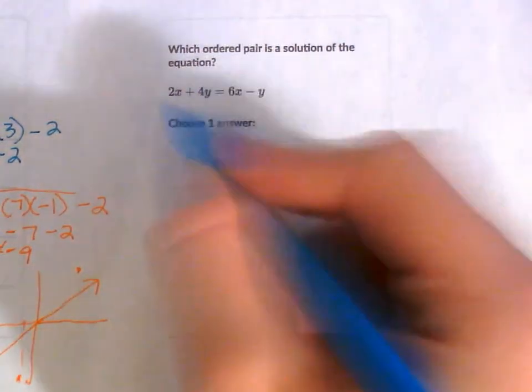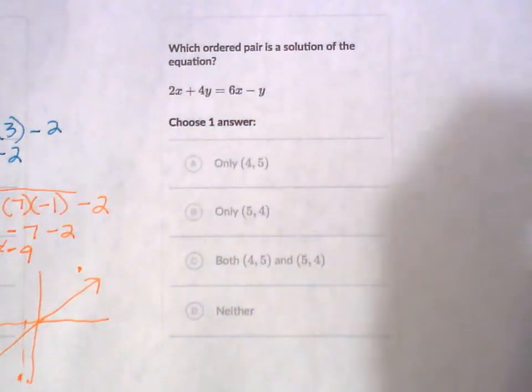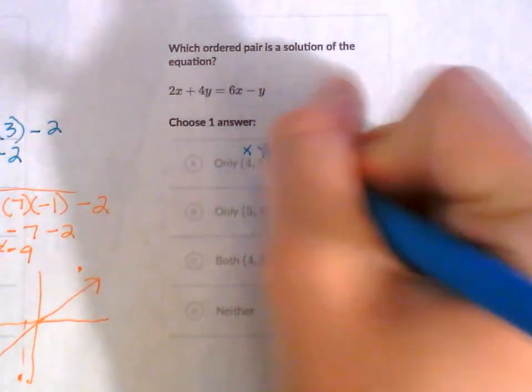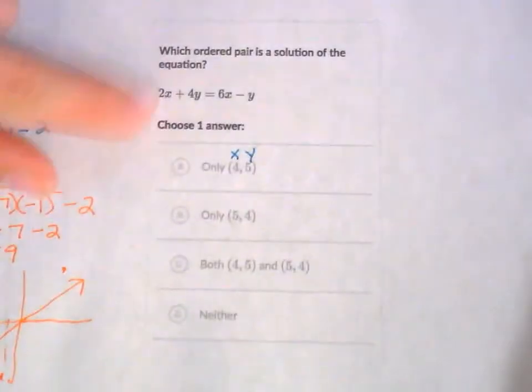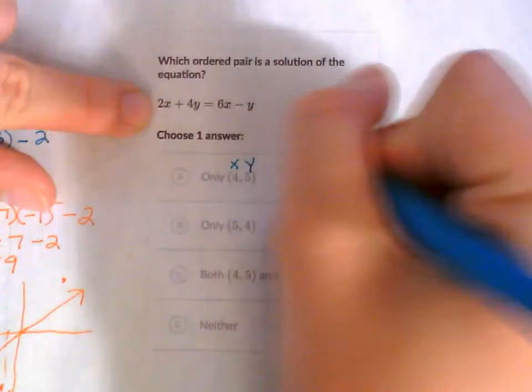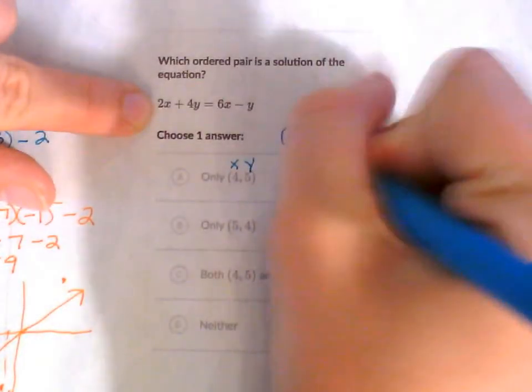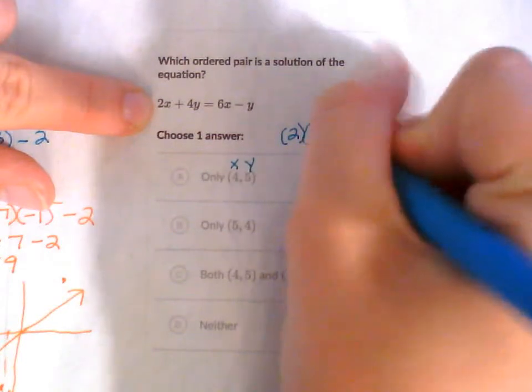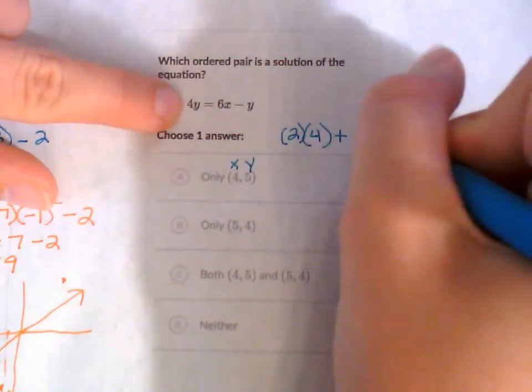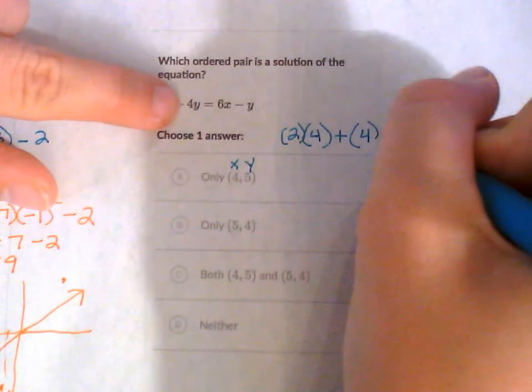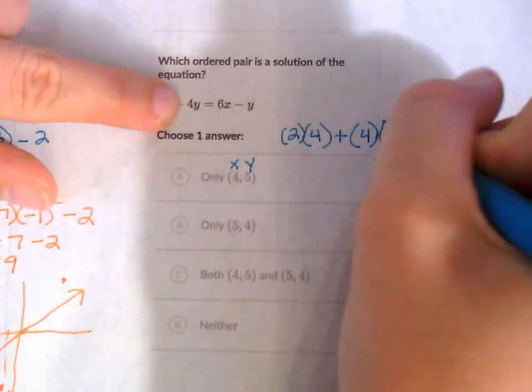So we have our equation, and we're seeing which ordered pair is a solution. So our first one, the x is 4 and the y is 5. So 2 times our x, which is 4, plus 4 times y, 5.